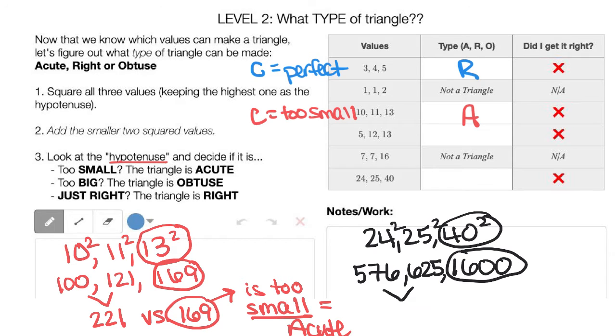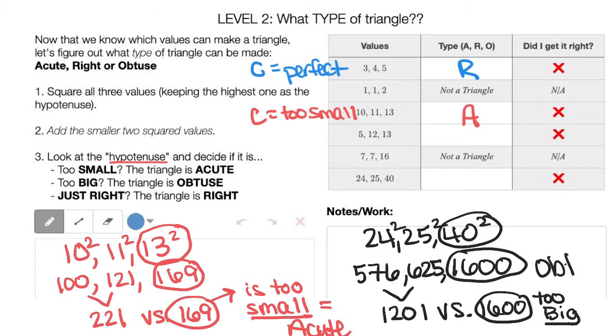I get 1201 when I put those together. So 1201 versus 1600. 1600 is too big. So it is obtuse. Because our C was too big.